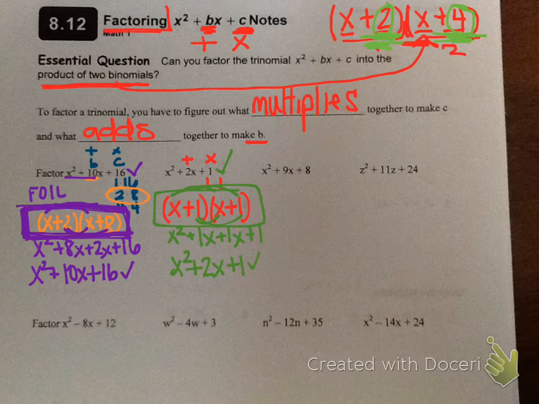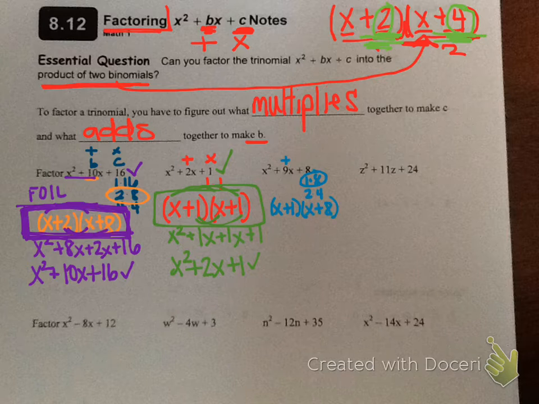On the next one, we have 8, so 1 times 8, 2 times 4, but we can quickly see that only 1 times 8 adds up to 9, so x plus 1, x plus 8.